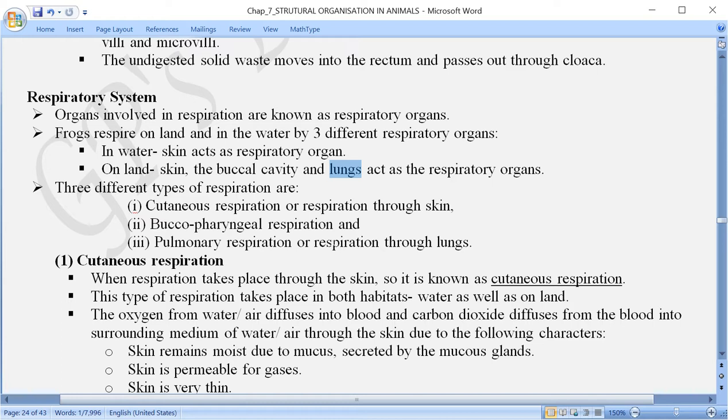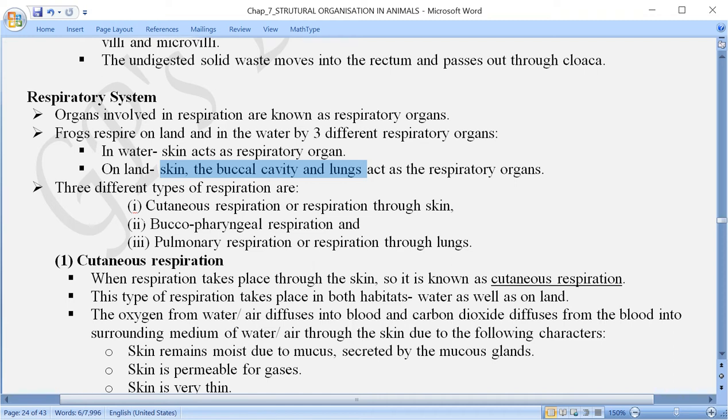So in water they use the skin as respiratory organ, whereas when they come onto the land, they use all three structures: the skin, the buccal cavity and the lungs.